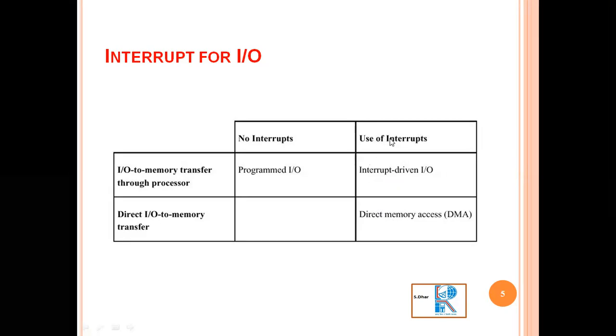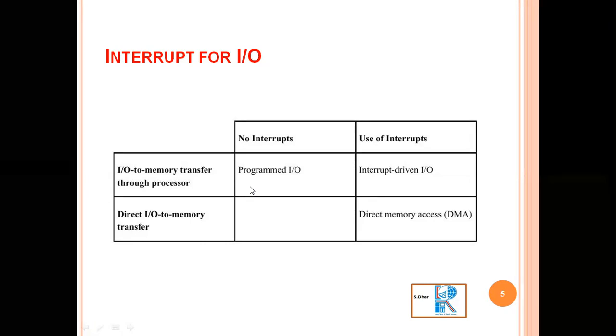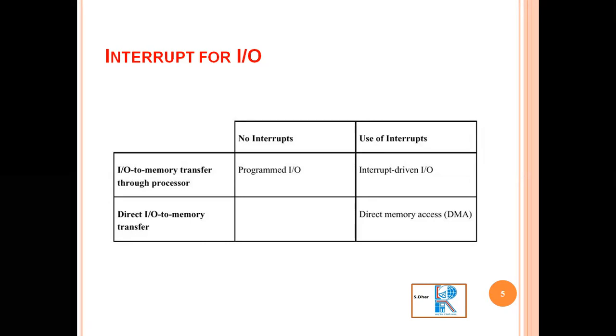So it is written here, use of interrupts. But programmed I/O transfers the data from memory to I/O or I/O to memory through the processor, but it does not use any interrupt signal. Okay, so this is the difference between the different types of I/O transmission between the processor and the device.